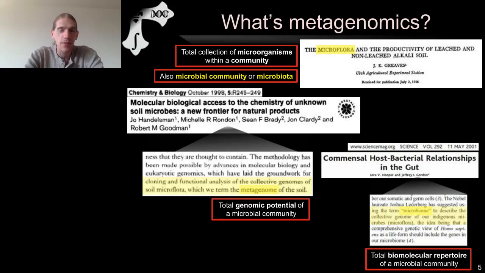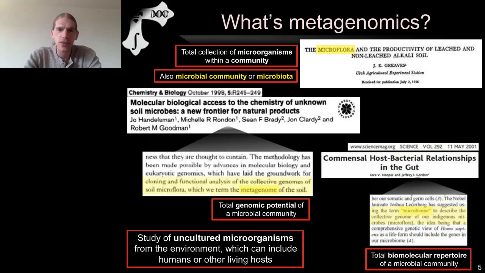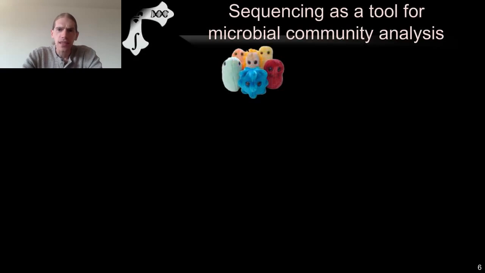So you can think of the microbiome as the collection not only of specific organisms, but of their DNA, their RNA, their biomolecules, their metabolites, and their immediate surroundings, such that metagenomics as a field is overall the culture-independent study of microbial communities, be they from literally the environment, soil or water, or from a host-associated environment such as the human microbiome.